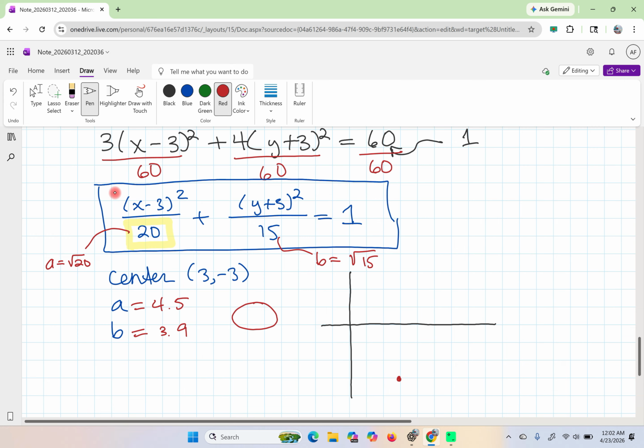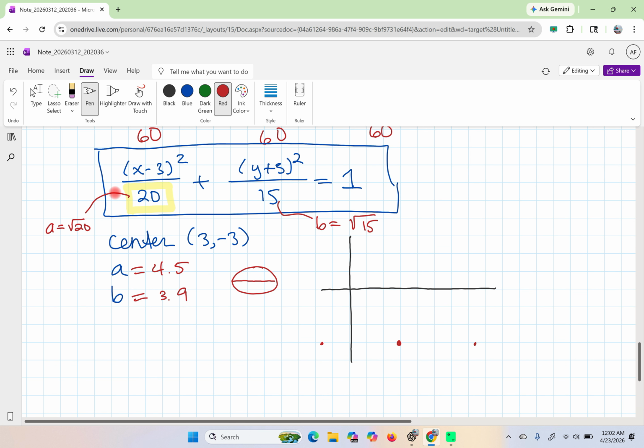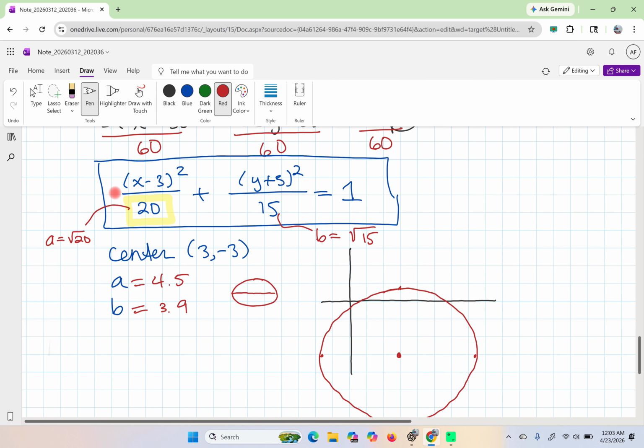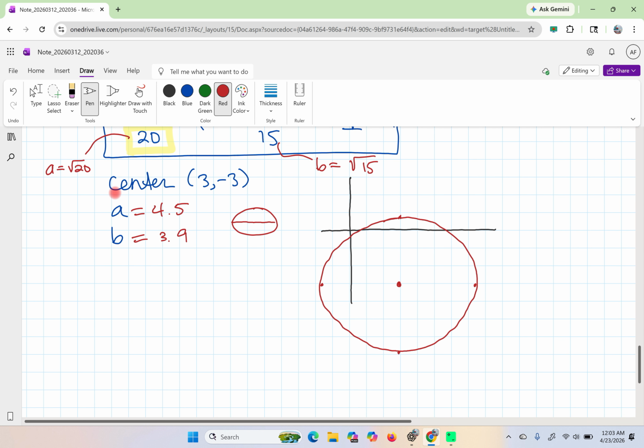So that's my long value is horizontal. So a is going to extend right and left from center, 4.5. And then b will extend vertically from the center, almost to 4. And there is my graphed ellipse. All right, that's it.